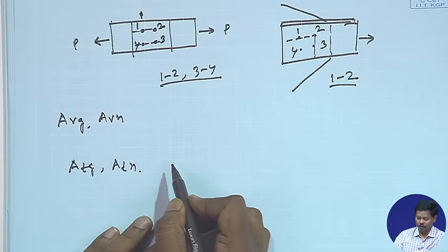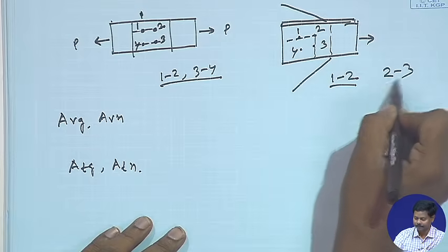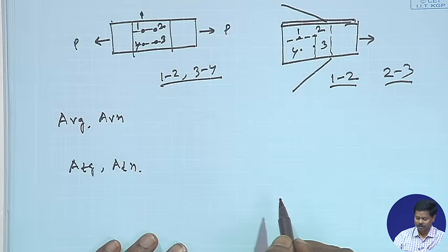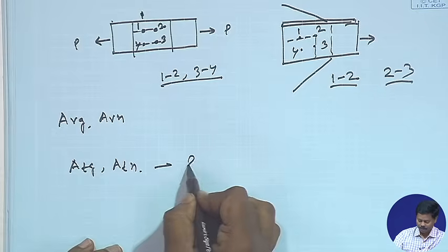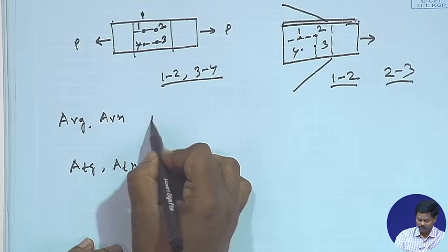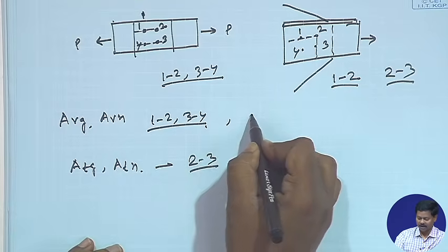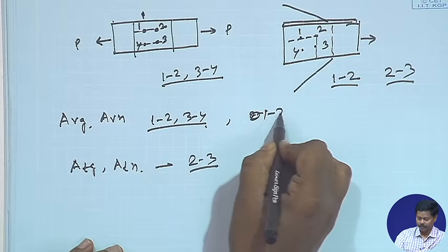Similarly, ATG and ATN will be the minimum gross and net area in tension, T for tension, from the bolt hole to the toe of the angle, that means along 2, 3, perpendicular to the line of the force respectively. So, this will be along 2, 3, perpendicular to the force, and this will be along 1, 2 or 3, 4, and in case of angle along 1, 2.